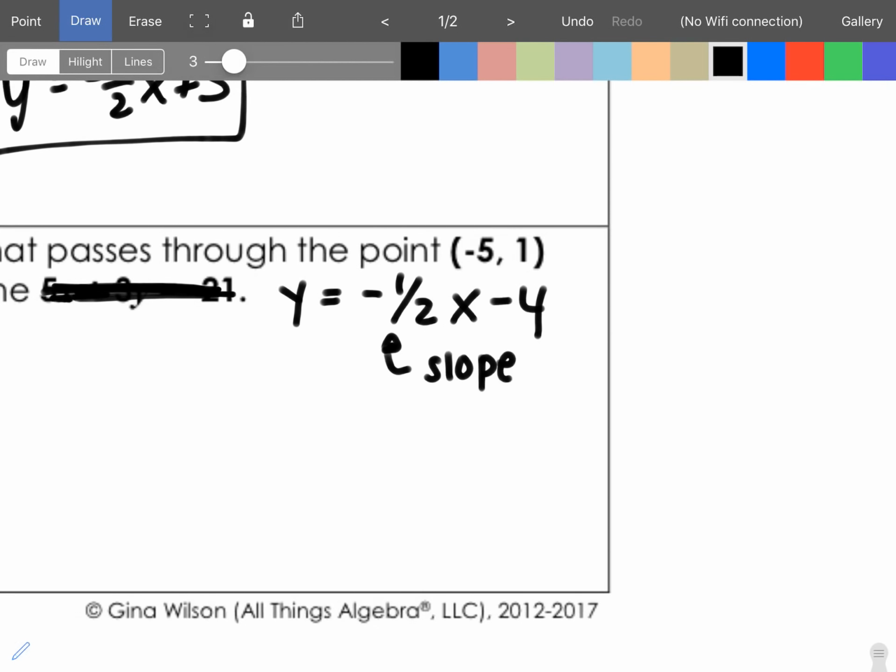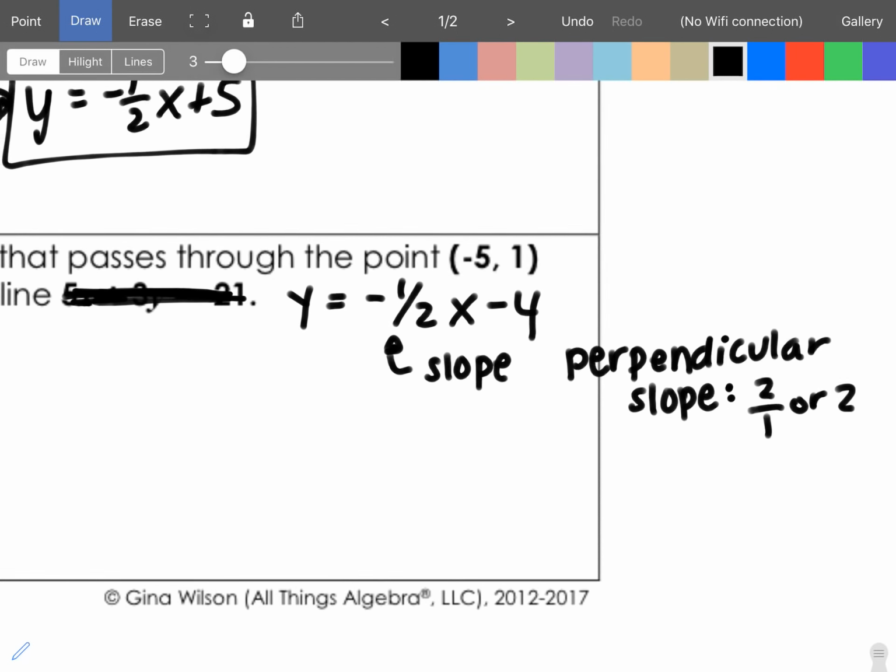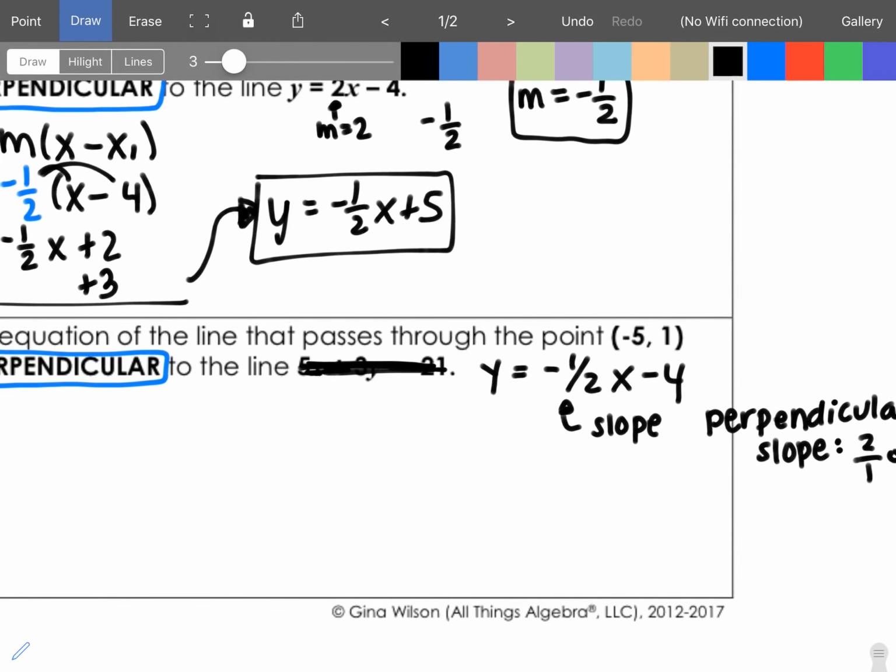So slope is -1/2, but my perpendicular slope, remember, parallel is the same slope. My perpendicular slope is the negative reciprocal. So what's the negative reciprocal of -1/2? Well, instead of making it negative, I'm going to make it positive, right? Change the sign. And instead of 1/2, I'm going to make it 2/1 or 2. So my perpendicular slope to -1/2 is just 2.